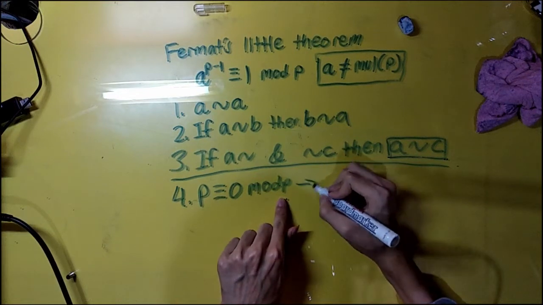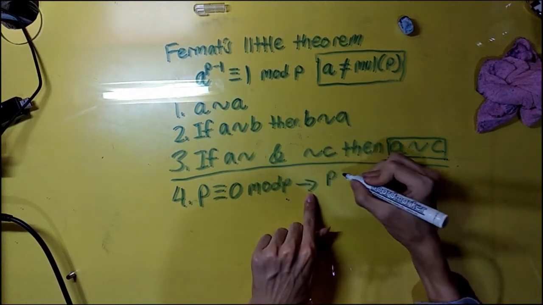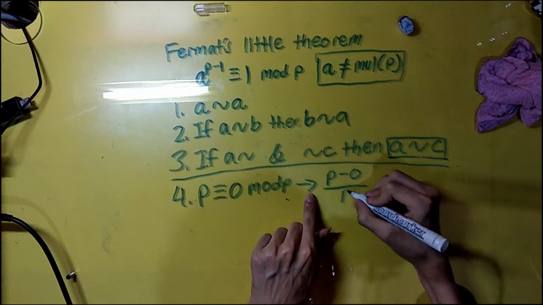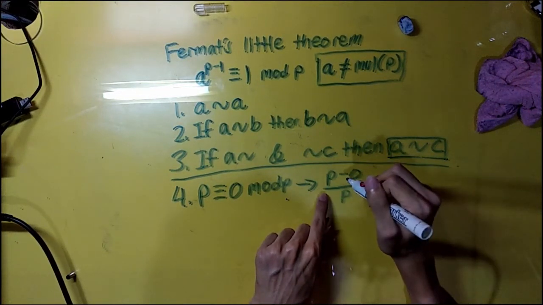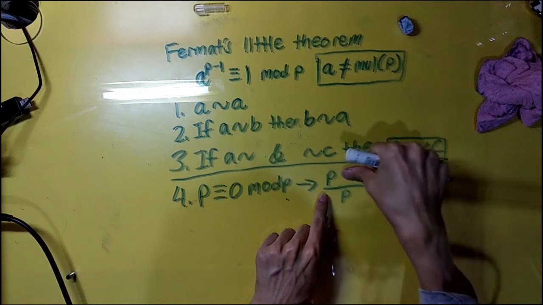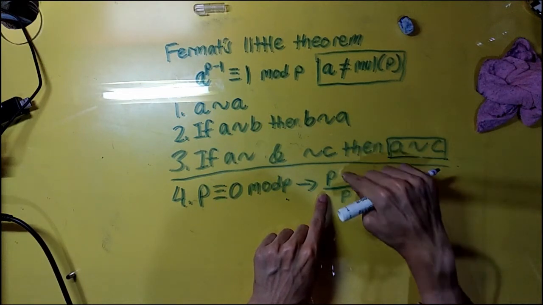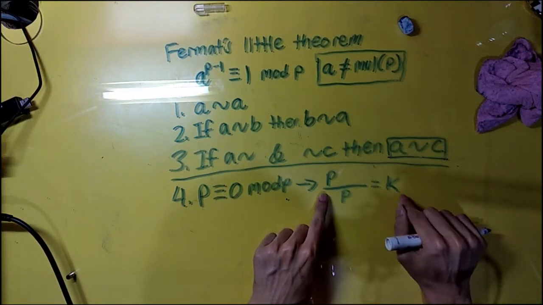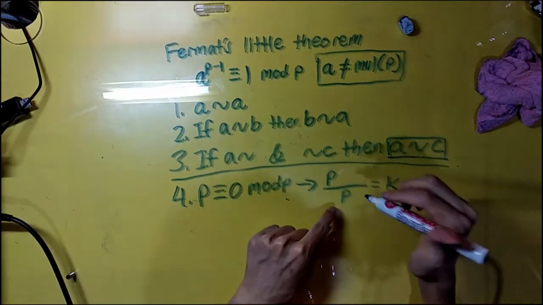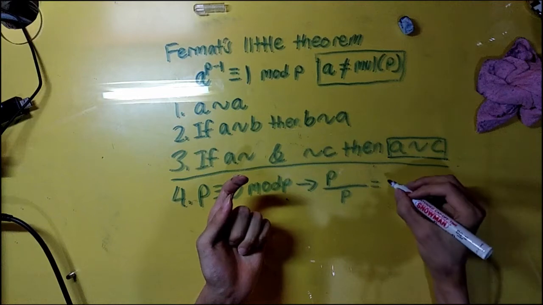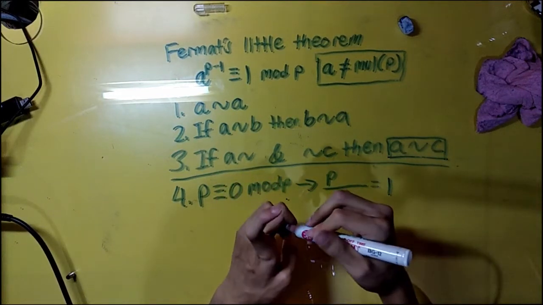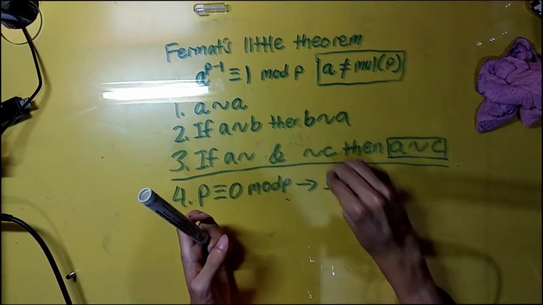Basically, this means that p minus 0 divides p is always going to give out a whole number. And we know this is true because p minus 0 is just the same as p, and p divided by p is definitely going to be a whole number because the top and bottom are the same. It's going to cancel out, and actually it just gives out 1. And 1 is definitely a whole number, so this thing is true.